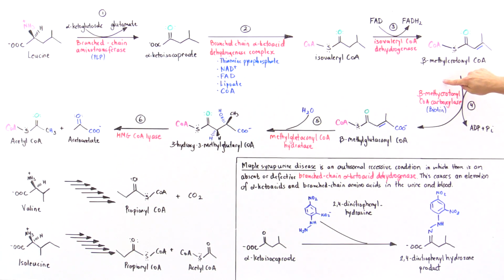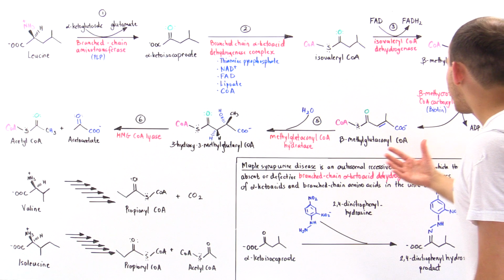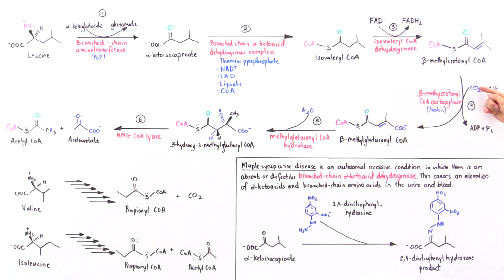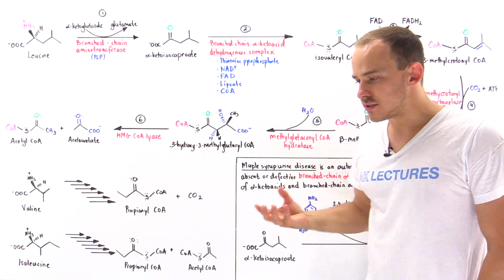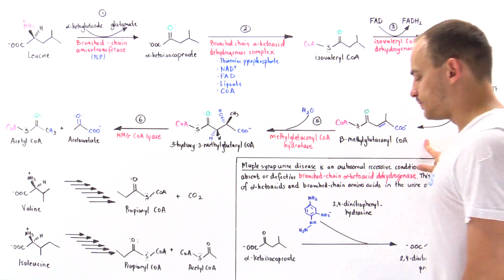The enzyme beta-methylcrotonyl coenzyme A carboxylase contains biotin as a prosthetic group that aids this reaction. It hydrolyzes ATP, and the energy released in the hydrolysis of ATP into ADP and Pi allows us to attach a carbon dioxide onto this carbon here. And we form the beta-methylglutaconyl coenzyme A molecule.